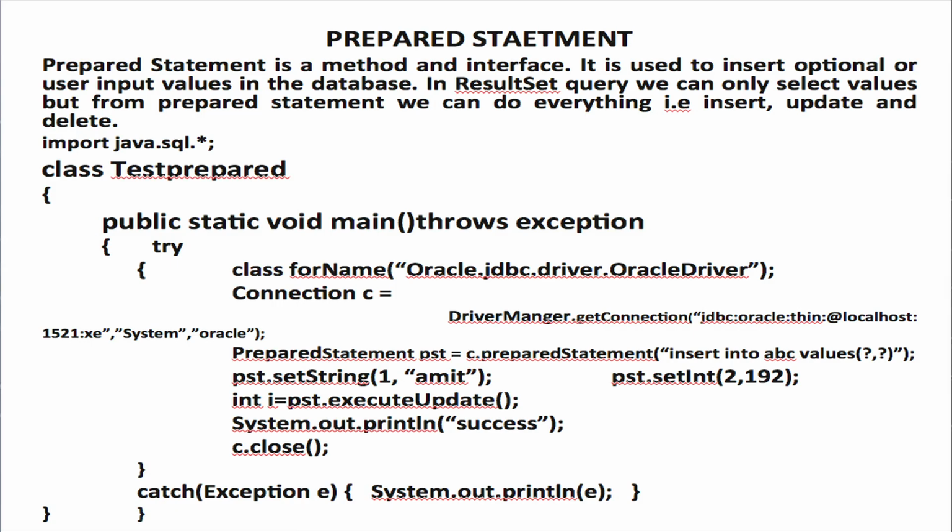And finally System.out.println success will be displayed; when everything has happened, it will display the message success. c.close, and after this try we have catch Exception e, System.out.println e will automatically display the error message if any error occurs. So this is the table, and this is one more program.